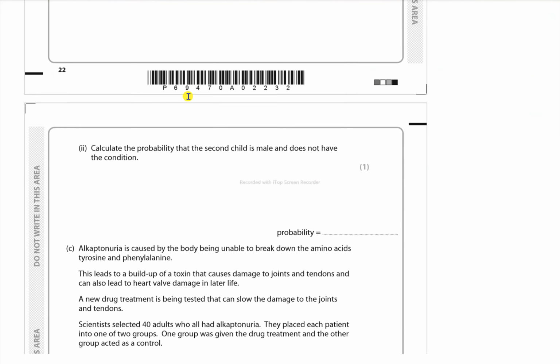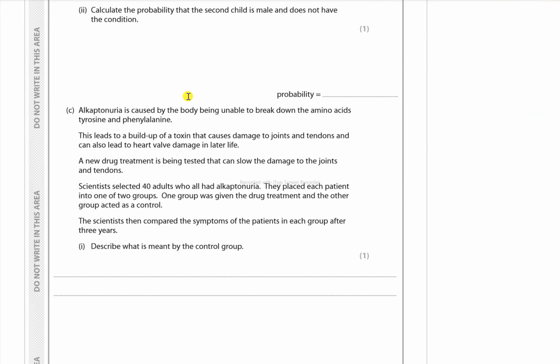Right, okay, that's that done. Calculate the probability that the second child is male and does not have the condition. So what you've got is the second child is a male, so it's 1/2, and does not have the condition.